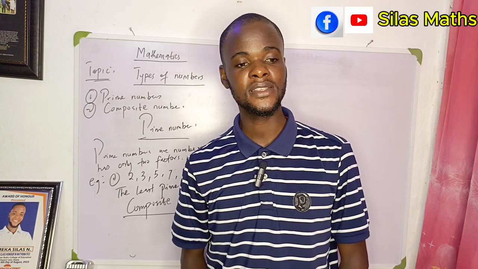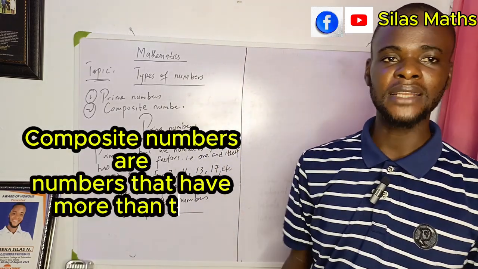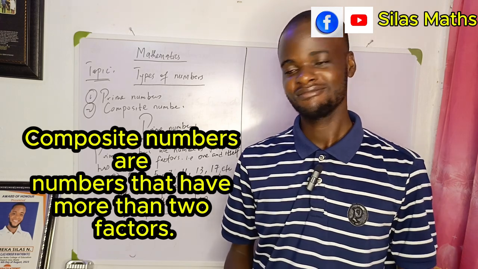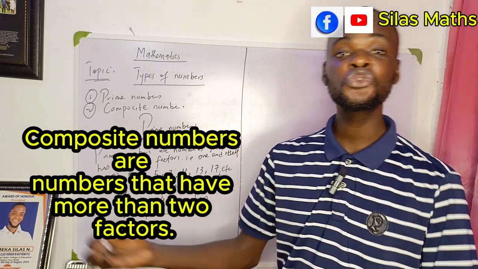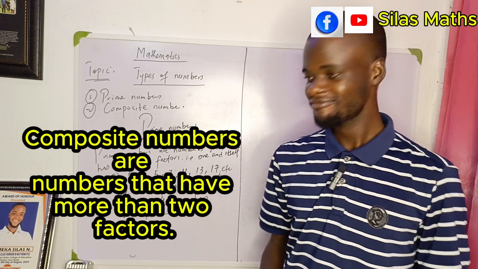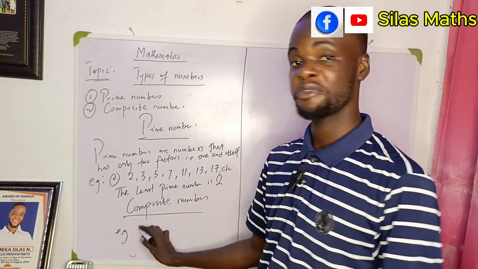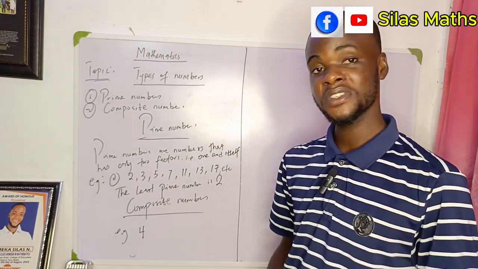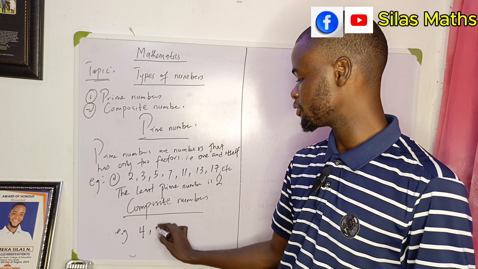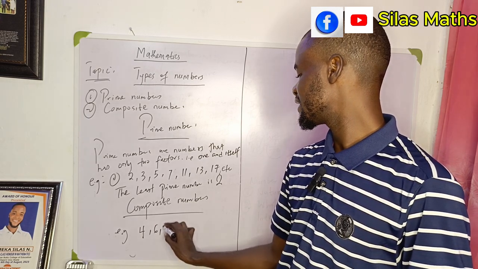What are composite numbers? Composite numbers are numbers that have more than two factors. Example of such numbers are, we have the first or the least, which is 4. 4 is a composite number, followed by 6, followed by 8.